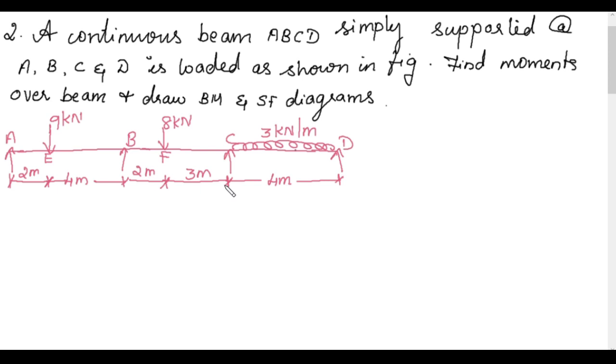So now we will club step 1 and step 2 together. We know step 1 is to draw the simple beam moment diagram. Step 2 is to find the area and the distance of centroid from the extreme span. So we will club these two together.